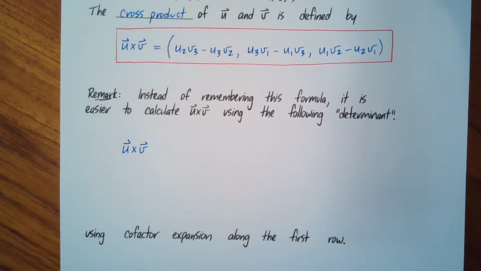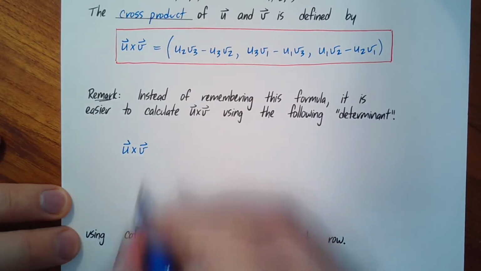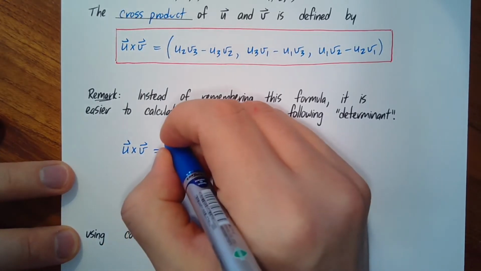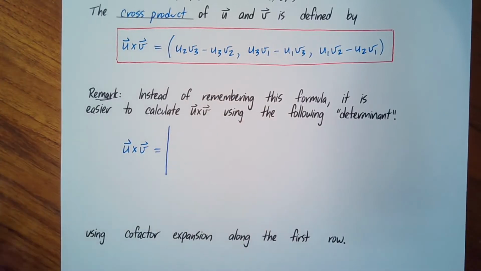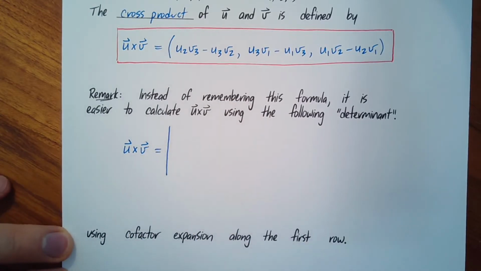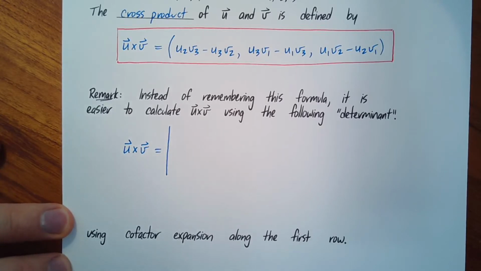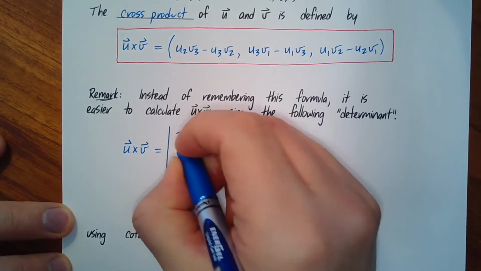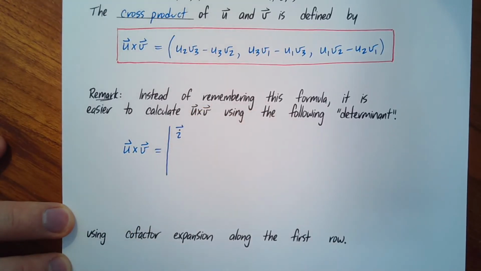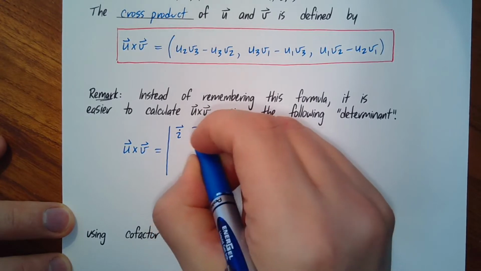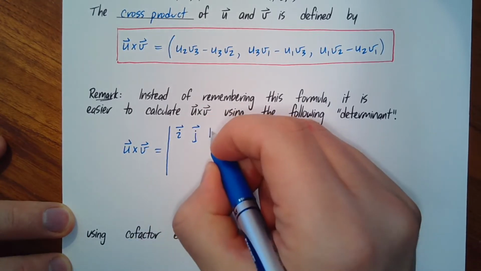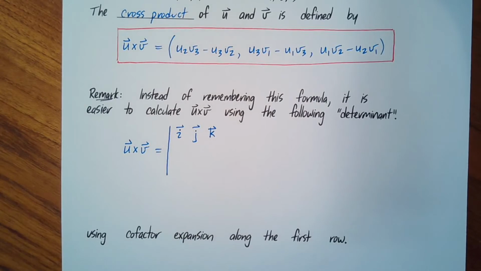If you want to compute the cross product of u and v, you just consider the following matrix. And if you could see my face, you'd see me putting quotation marks around the word matrix because there's something weird about this matrix, although technically it's still a matrix. The first row is not going to consist of numbers, it's going to consist of vectors. So I'm writing vectors for the top 3 entries, i, j, and k.